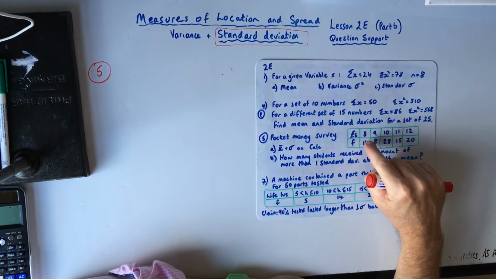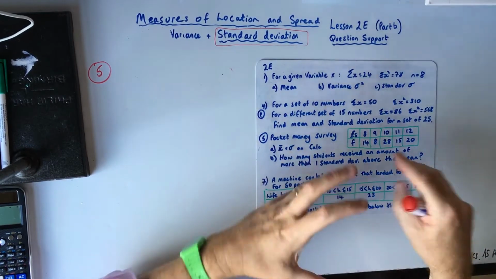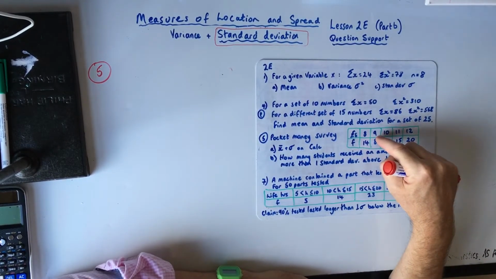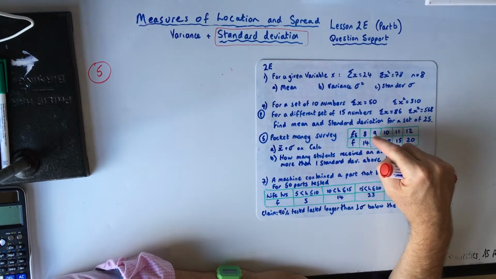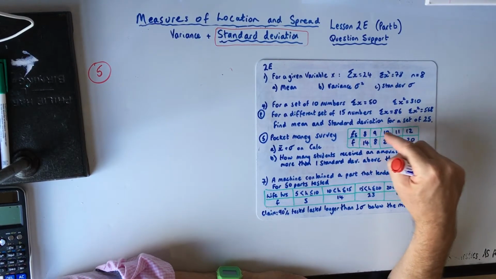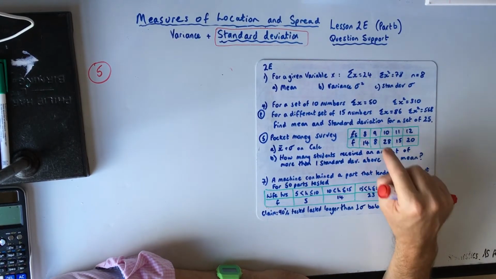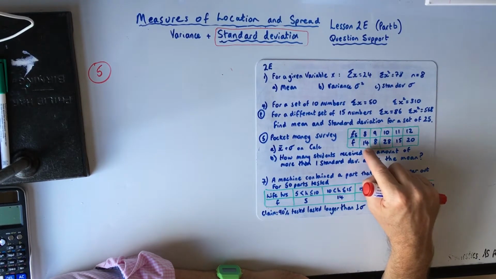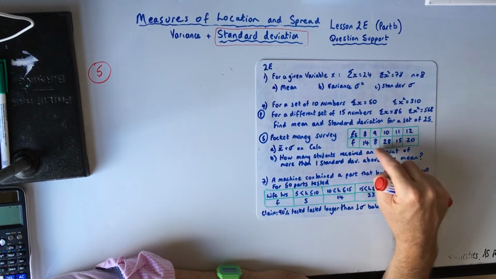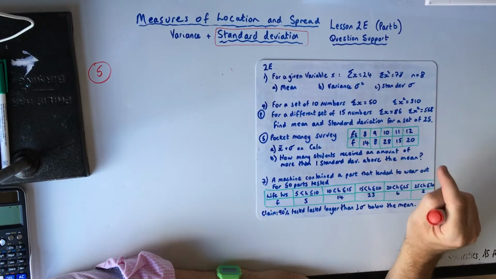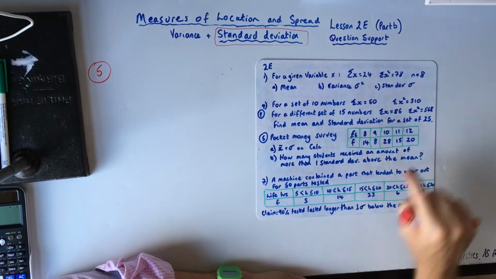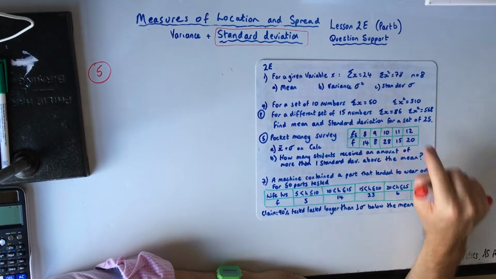So some kids said they got 8 quid, in other words between £7.50 and £8.50, rounded to £8. Some kids said they got £9, so in other words between £8.50 and £9.50. So they're actually little groups, aren't they? Okay. And 14 kids said they got £8, 8 kids said they got £9, 28 kids said £10, and so on and so on. These are the spoilt ones that get 12 quid.